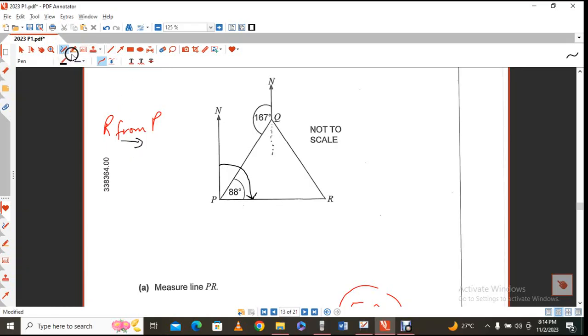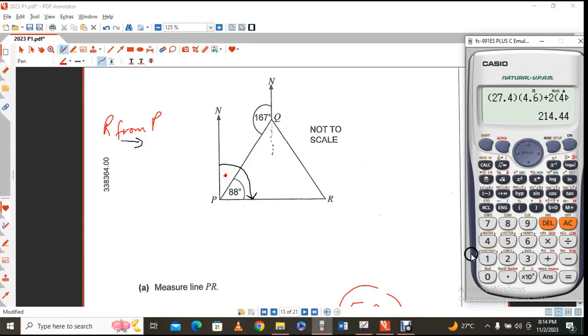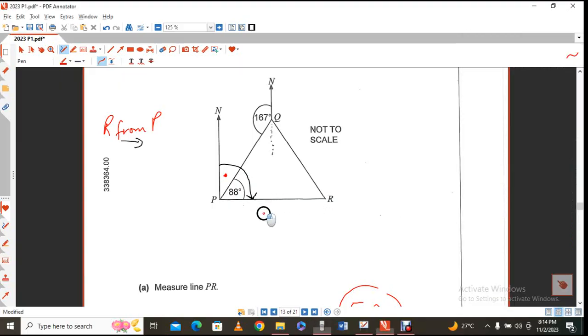Right, so there's a few things that you should remember. You have angles between parallel lines. So this 167 plus whatever this angle is here should give you 180, because they are supplementary. So I would say 180 minus 167, that gives you 13 degrees. So this red one here is nothing but 13 degrees.